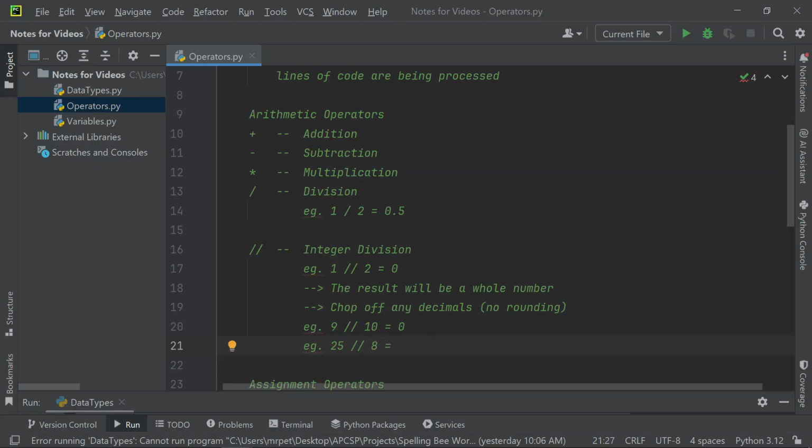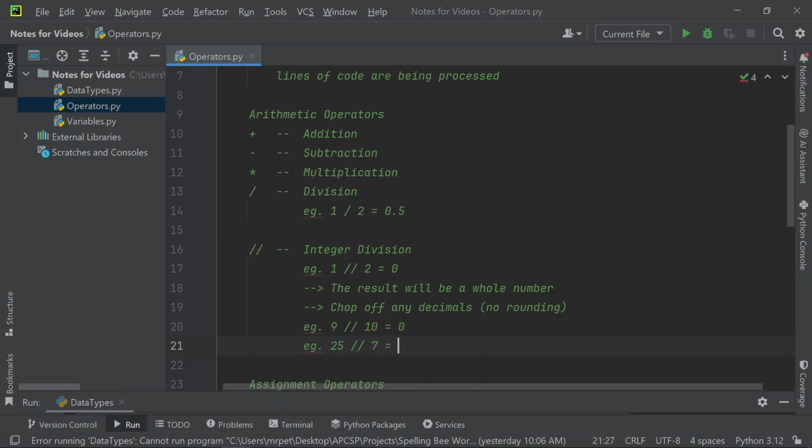Yeah. So 25 divided by 8. Oh wait, no, we want the opposite. We want to do something like 7. Would 6 be? No. It doesn't really matter. Let's just do 25 divided by 7.